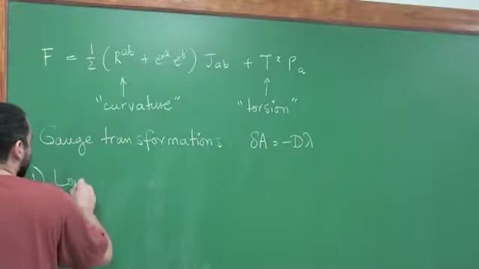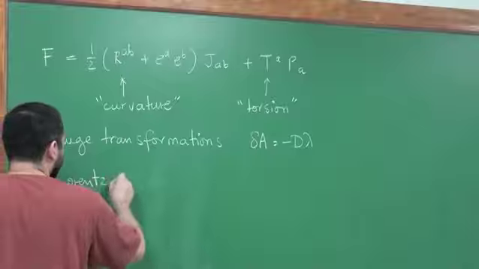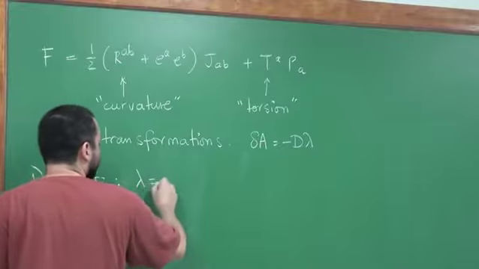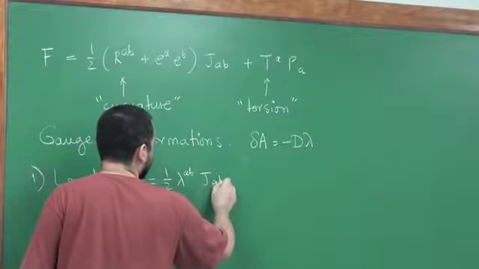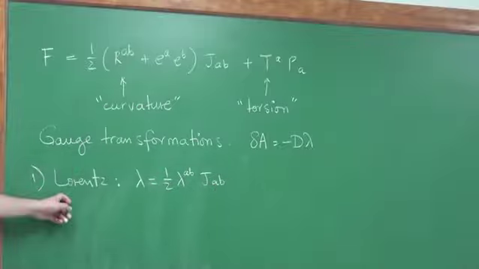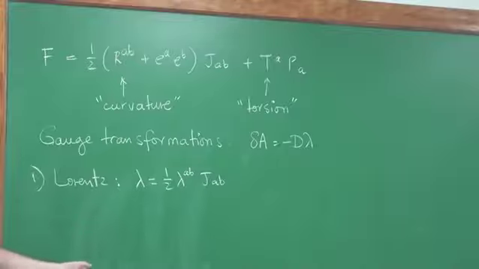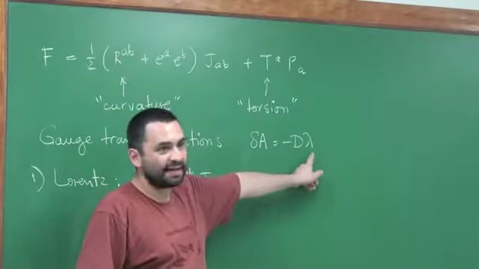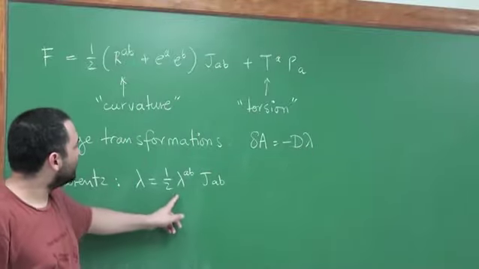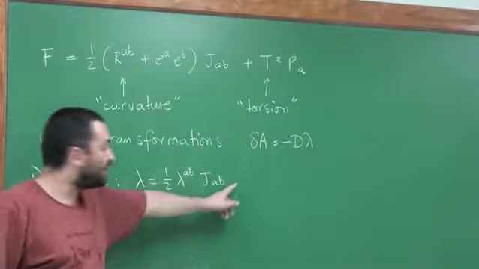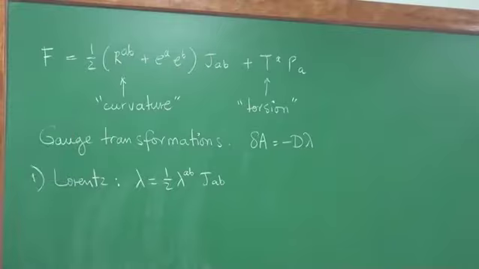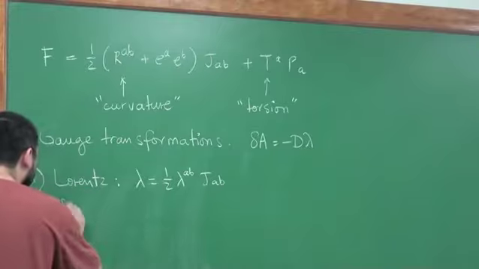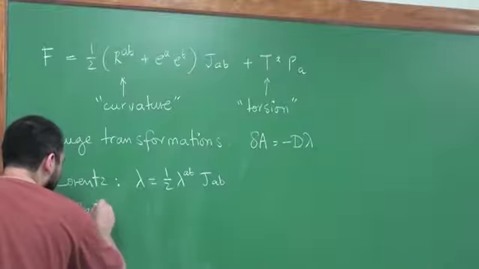You get Lorentz. That means that the parameter, a Lorentz gauge transformation means that this parameter has components only along the Lorentz generator. It doesn't have an extra component along P. And if you compute this again, it gives you exactly what we want.